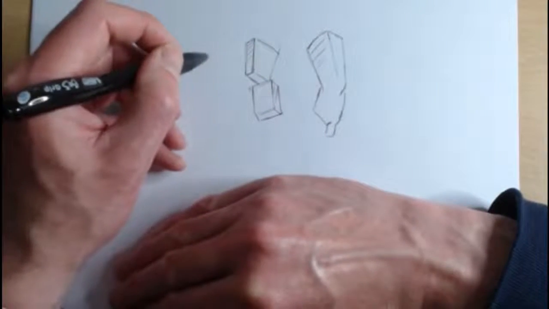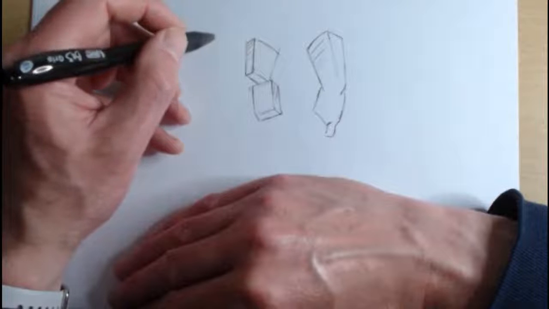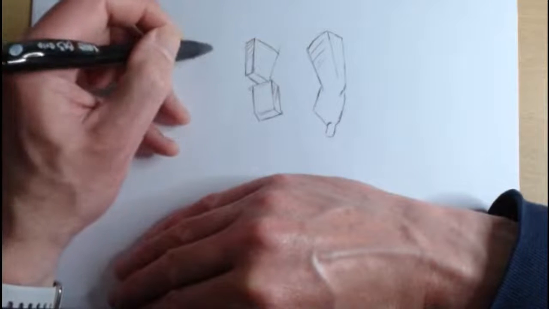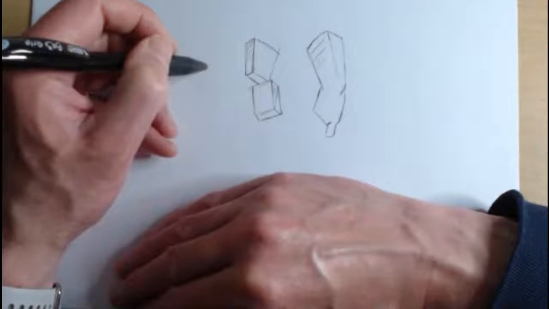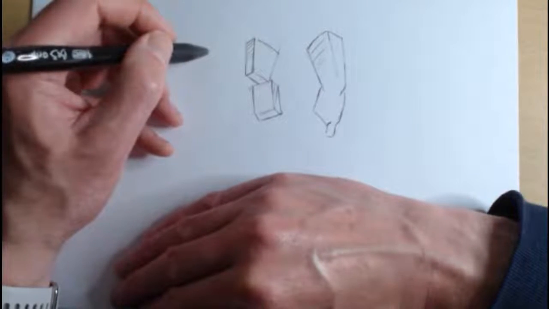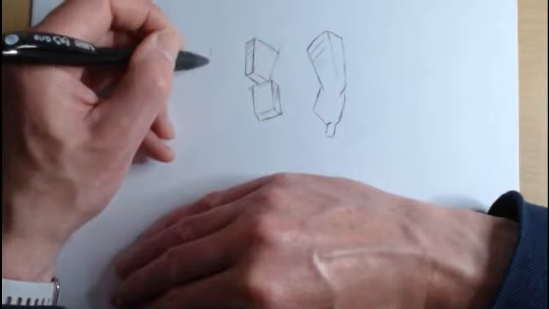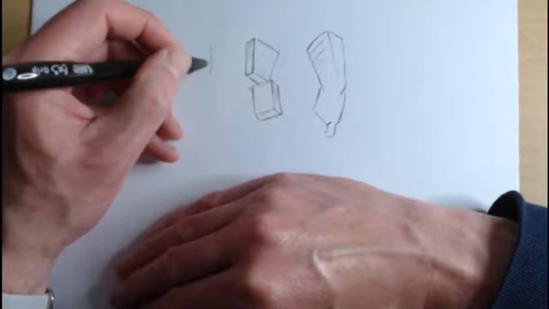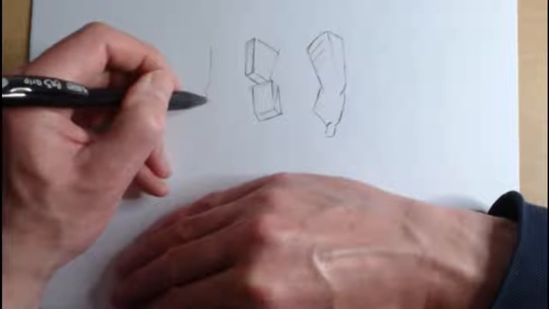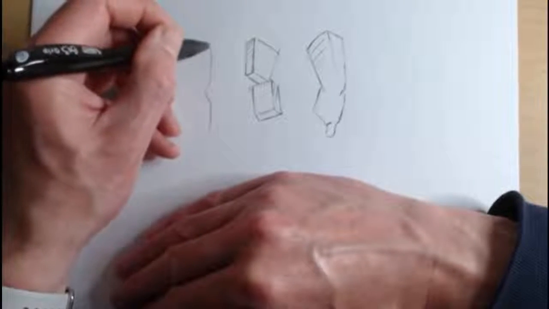Right. So again, I think what he's trying to do is saying, well, these are the simple versions. Get this down. Understand what you're drawing at its most basic. There is no anatomy at this point.